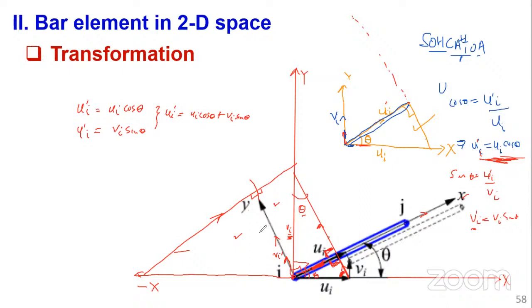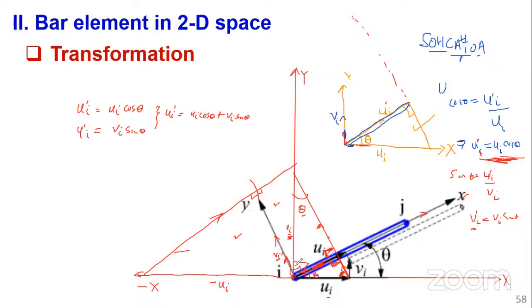Remember, on this direction, this will become negative UI, because this is UI on this side, but now on the negative side. We have the VI here. Remember, you have VI prime here. So what else do you need? You can now use similarity. If this is theta, this is 90 minus theta.